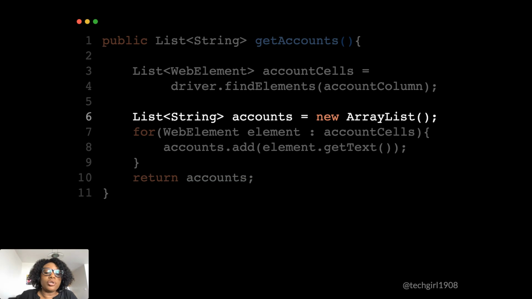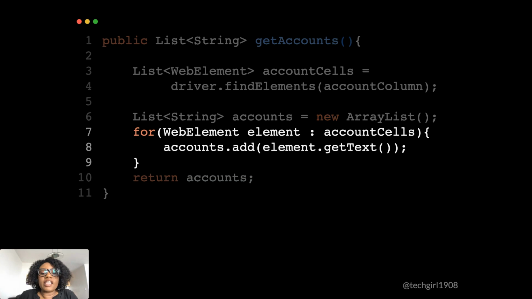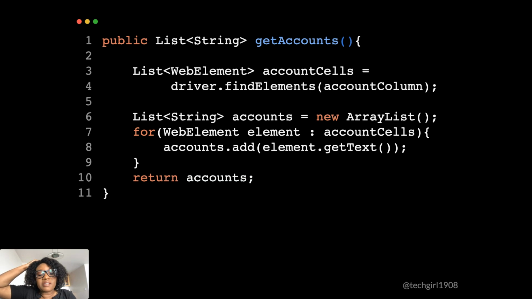Then it creates a new list to hold just the text of the web elements. So this is a list of strings. And to populate that list, we loop through each of the elements from line 3. We get their text, and then we add them to our new list from line 6. Notice this method needs 2 lists and a loop.